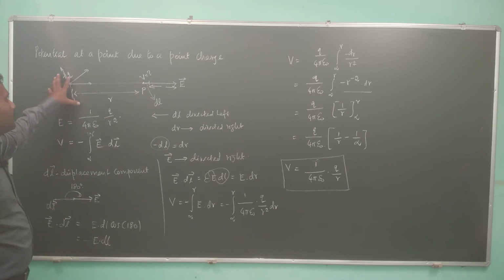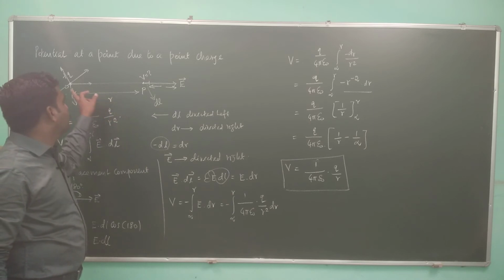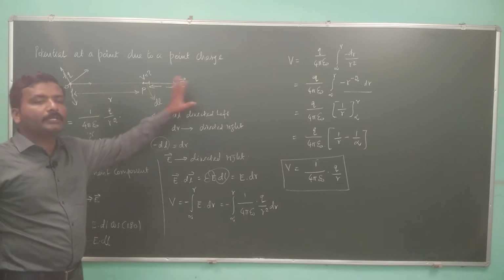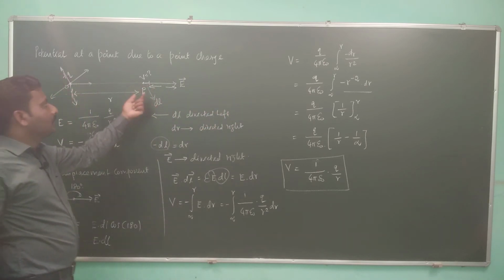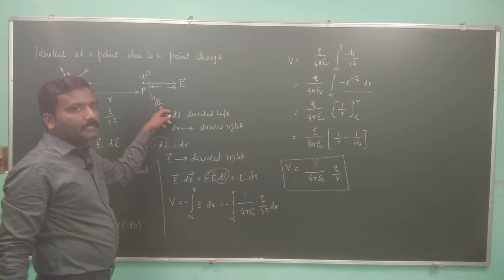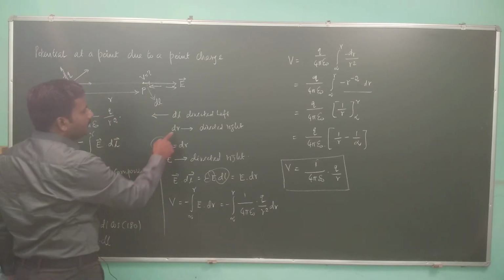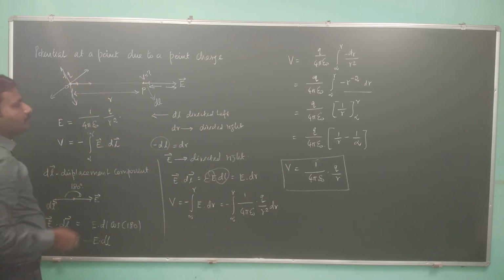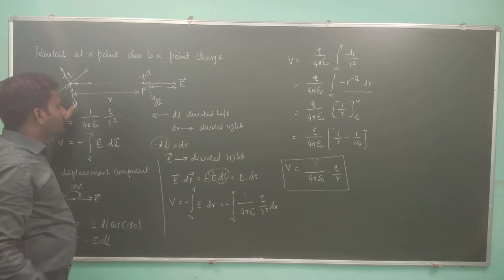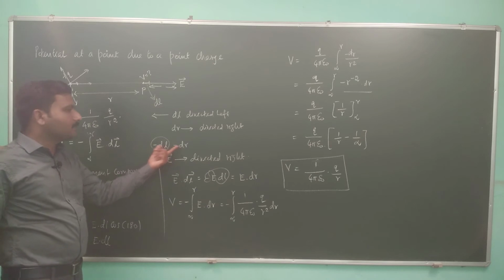We have considered a positive charge plus Q located here, and a point at a distance r away from this plus Q. We assume that a charge is coming from infinity and is directed towards the point P, and we have considered a small displacement vector dl. We said dl is directed left while dr is directed right. dr is the small directional component from the charge plus Q, so dl and dr have opposite directions, so minus dl is equal to dr.